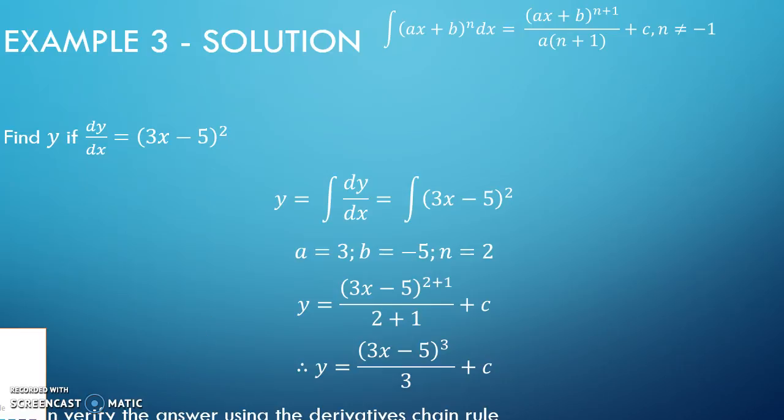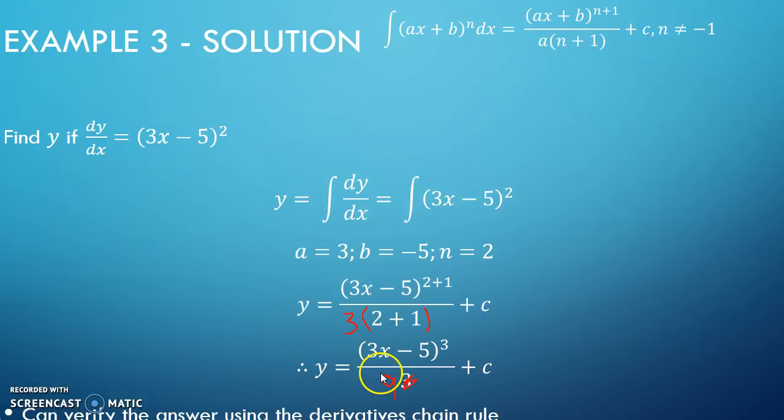Again, I made a mistake on this one. That should have been 3 times (2 plus 1), and that should be 9. So our answer is (3x minus 5) to the power of 3 divided by 9. And of course we must add that constant value on.